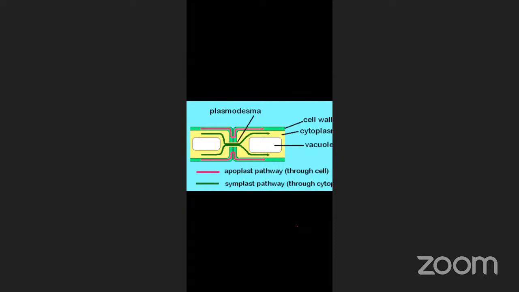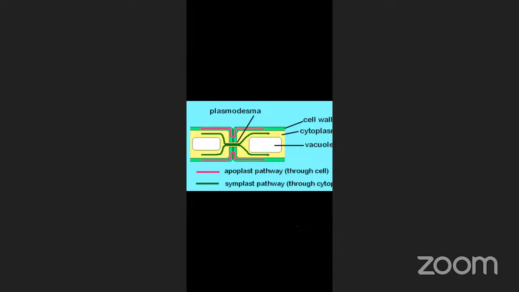Okay? That means the cytoplasm with the help of cytoplasmic strands or plasmodesmata. And where is the high movement? Only apoplastic movement is high. But symplastic is low, because it is inner movement through the plasmodesmata. That's why it is very slow.